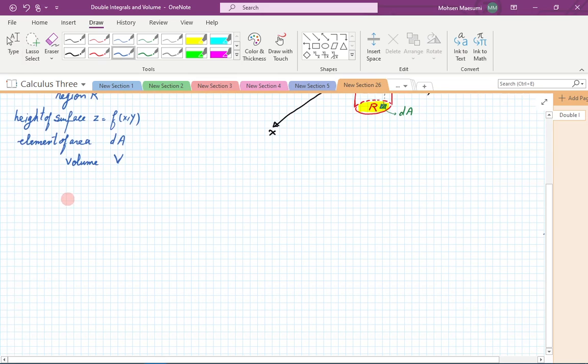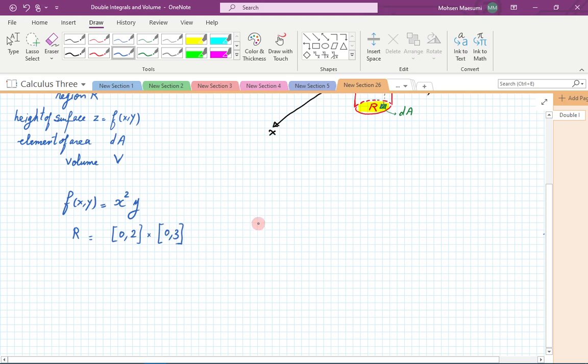So here I have my function f of x and y. Pick any function. Let's just make it easy so that you're not spending too much time on the arithmetic front. So the region R, let's take it to be the rectangle from 0 to 2 times 0 to 3.